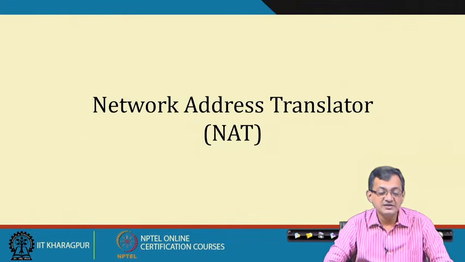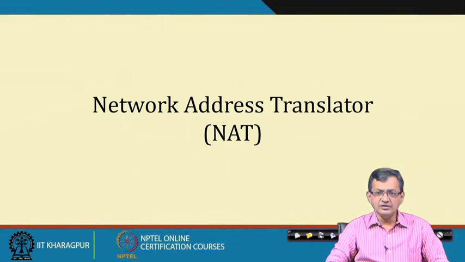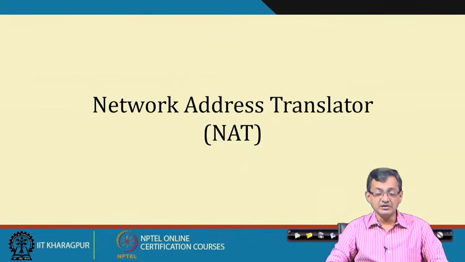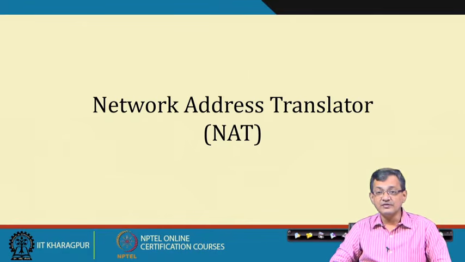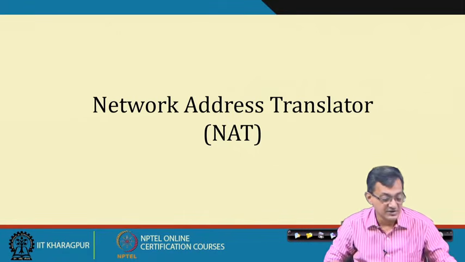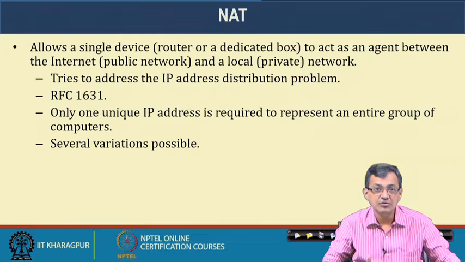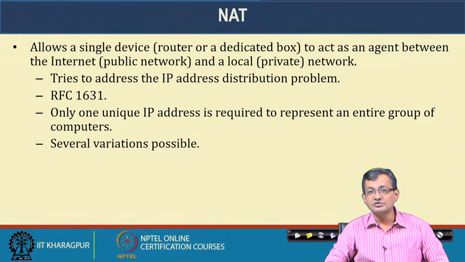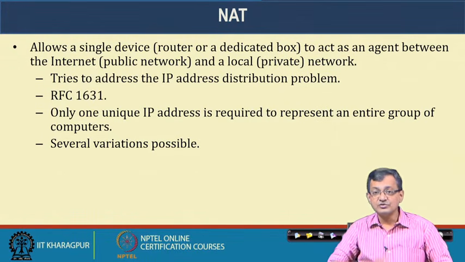The next is the network address translator. Now, I believe this has already been discussed in this course, especially when we discussed IP and related topics, but I thought it may be good to have a quick review. As the name suggests, it allows a single device, router or dedicated box to act as an agent between the internet, the public network, and the local or private network.